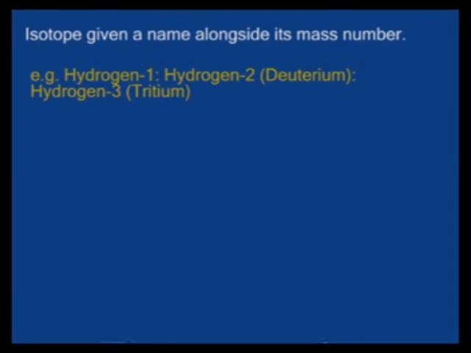Their names are hydrogen 1, hydrogen 2, and hydrogen 3. Hydrogen 2 is also called deuterium, and hydrogen 3 is also called tritium. Unless otherwise stated, the name hydrogen shall always refer to hydrogen 1.